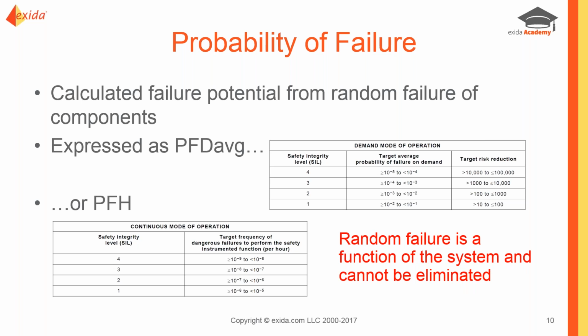That's not to say you can't change it. By having a good plan and an approach for looking for robust failure information and picking devices that have lower failure rate data, you can reduce the failure rate in your overall system, but there is always going to be some random failure potential.